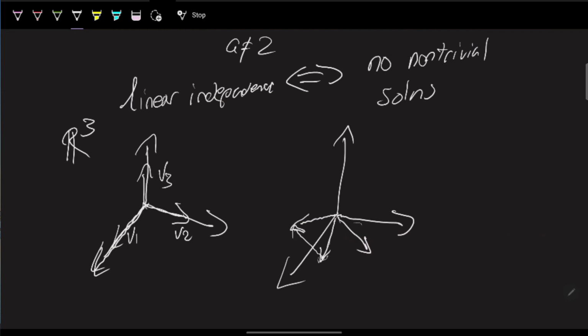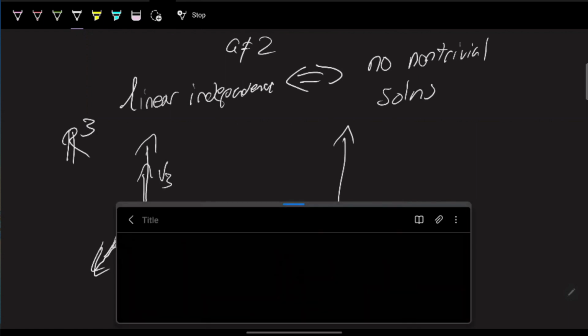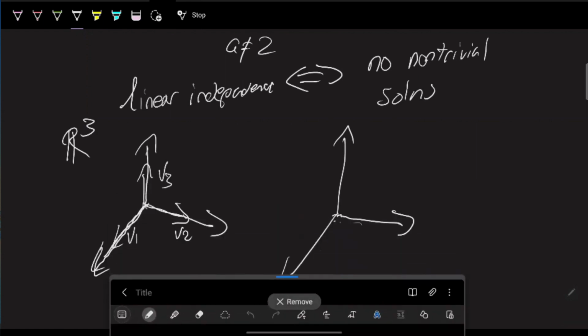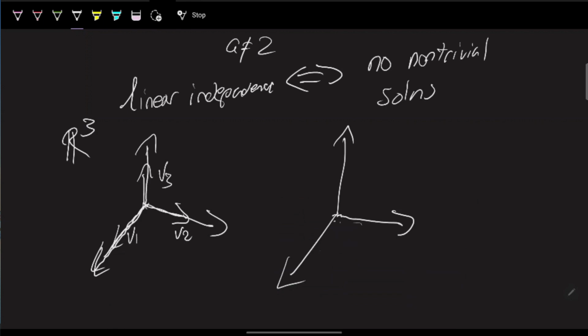You see what I mean? Yeah. So hopefully that builds up your visual intuition for what independence or non-independence means. Hope that helped. Yeah. It actually did a lot. Thank you. Yeah, awesome. Okay.